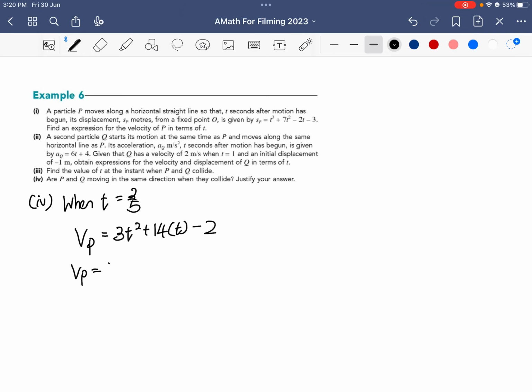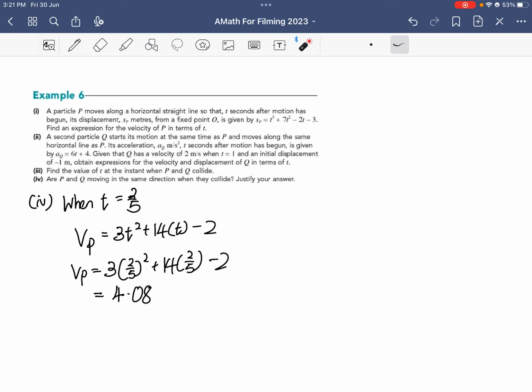When I substitute t = 2/5, I get 3(2/5)² + 14(2/5) − 2, so the velocity of P equals 4.08. So what does 4.08 mean? It means that if you define right as positive, P is moving towards the right at time equals 2/5.